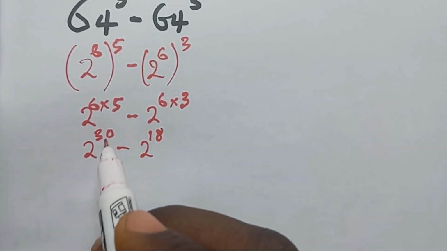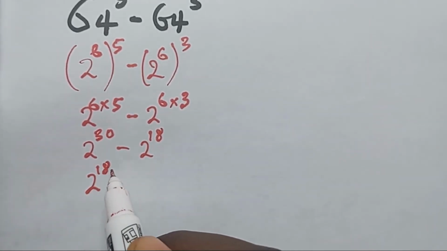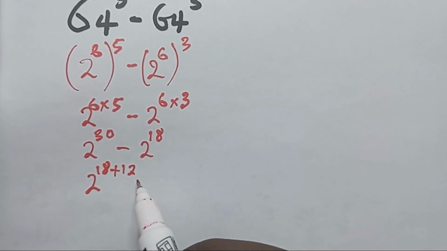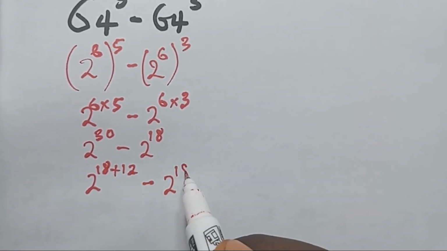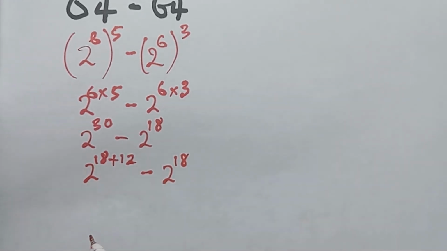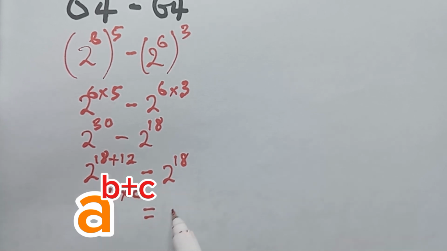Then I can write this 30 here as 2 power 18 plus 12, and this minus 2 power 18. One of the rules of indices says that when you have a power b plus c, you can expand this as a power b multiplied by a power c.